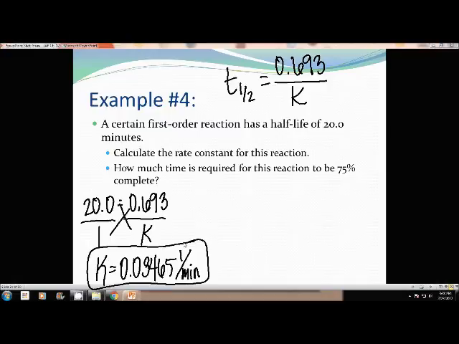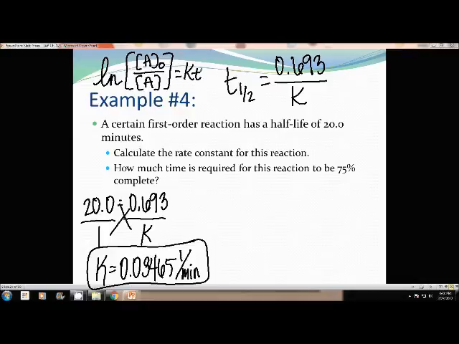And then we want to know how much time is required for the reaction to be 75% complete. So this is where we're actually going to use the equation that we saw before, the example 2, where we take the natural log of the initial concentration over the concentration at a given time is equal to k times that time.